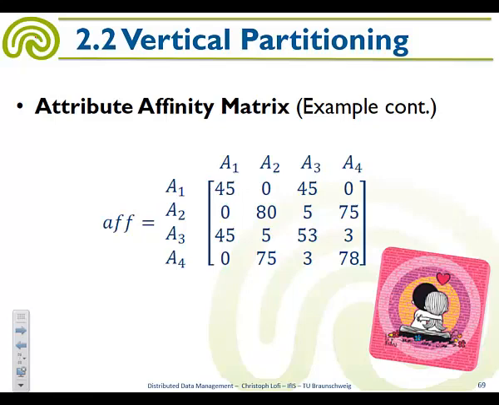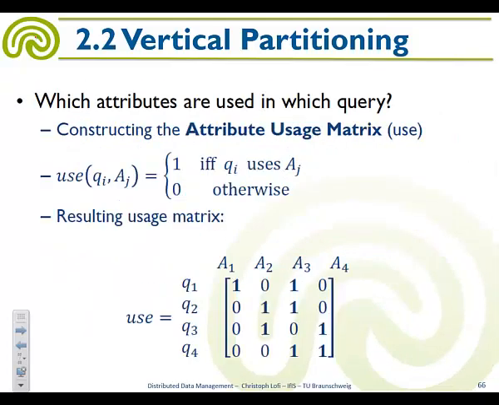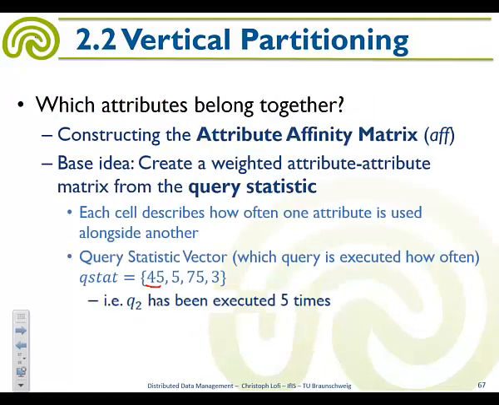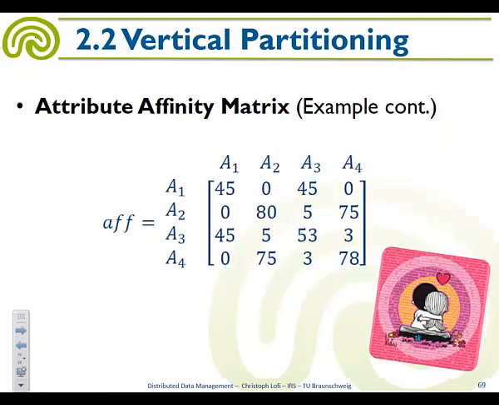And attribute 2 is used 75 times together with attribute 4. Well, we can see that here, 2 and 4. Query 3 uses 2 and 4 at the same time. Okay? You get it? The attribute affinity matrix makes sense.